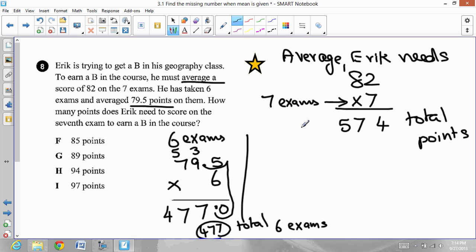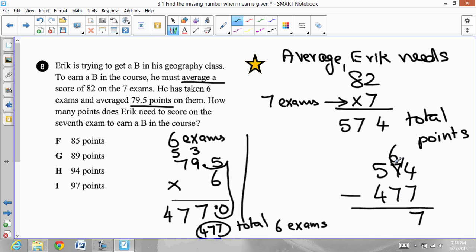So how many points does Eric need to score on the 7th exam to earn a B in the class? If you take 7 exams, the total should come to 574. But right now the total points that he has is just 477. So let's figure out how many more points he needs. You cannot take a 7 from a 4, so you need to borrow. That becomes a 6 and that becomes a 14. 14 minus 7 is 7.